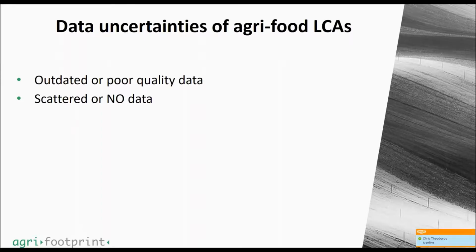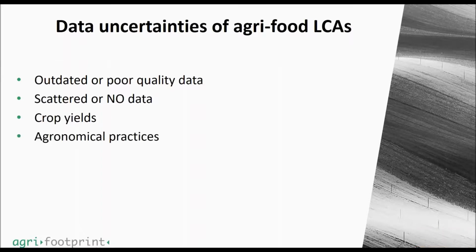The crop yields are also rather uncertain in many cases. Agronomical practices are also quite complex to identify. By this I mean fertilizer application rates, pesticides use, and even manure applications per crop and country.